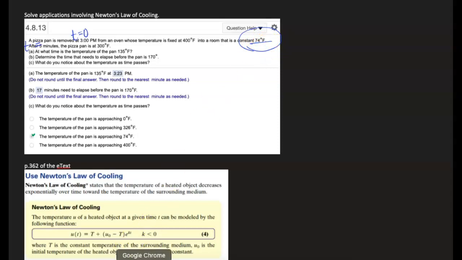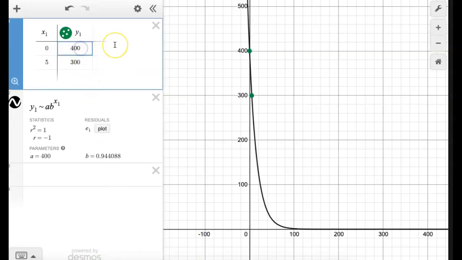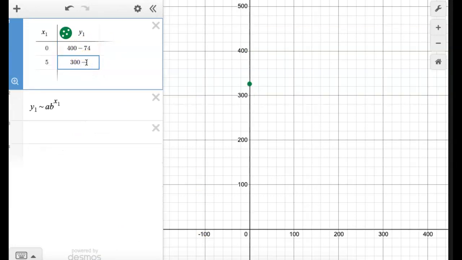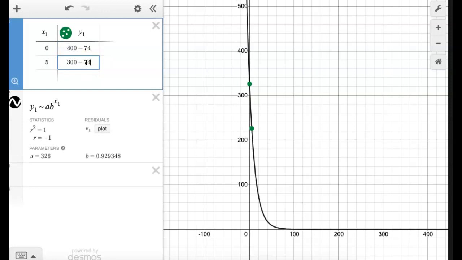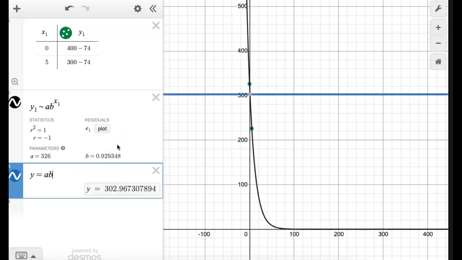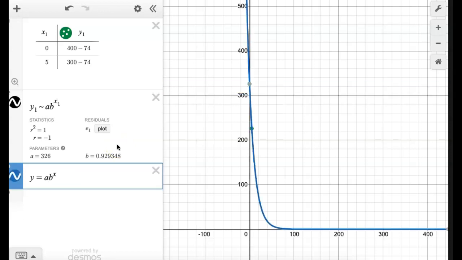So how do I get around that? Well, I could transform my points by subtracting 74 from each. And now I have a new exponential model. Notice it's just been shifted down. And then I could rewrite that model here as y equals a b raised to the x.